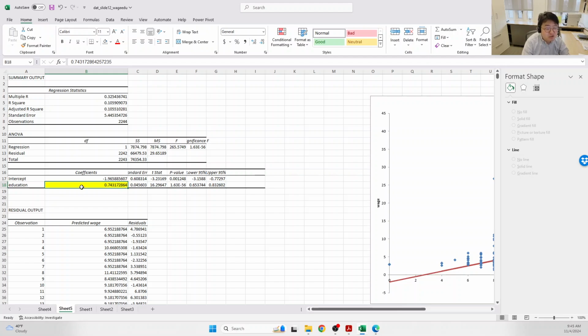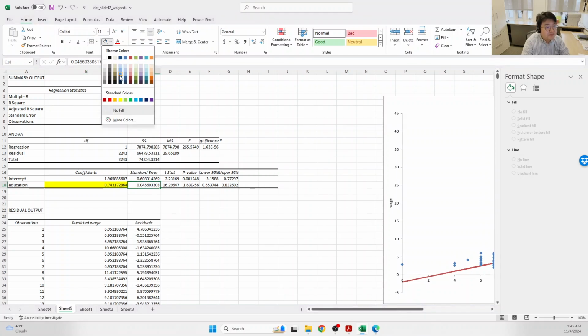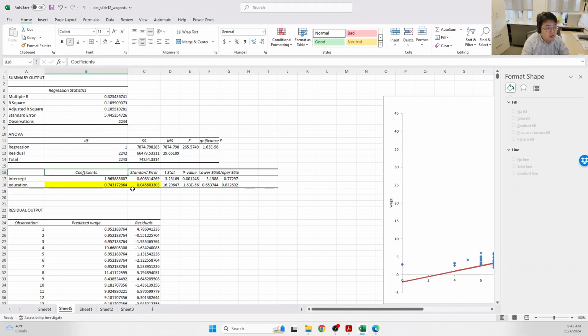That's the estimation result. And its standard error is 0.045. So these two are our main estimation results.